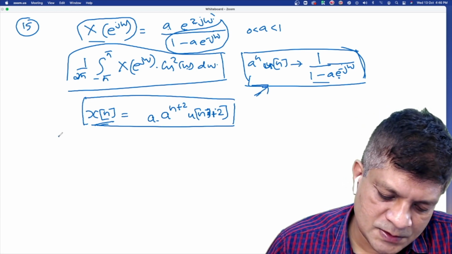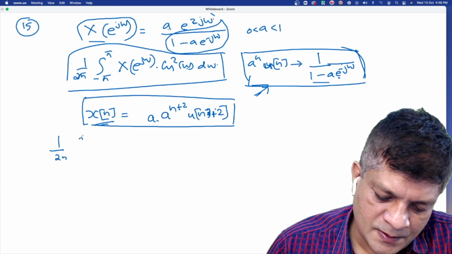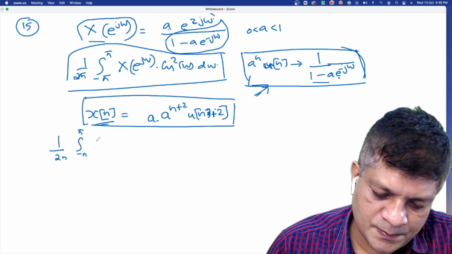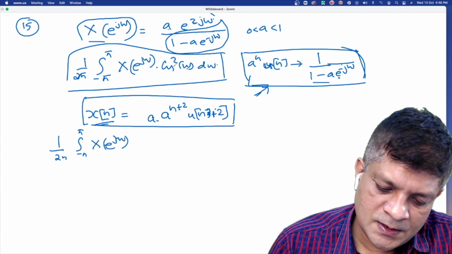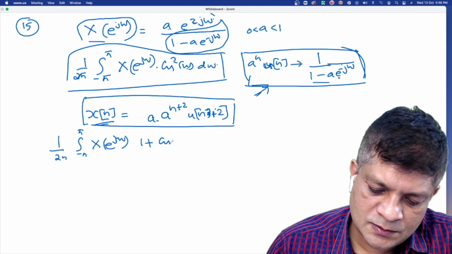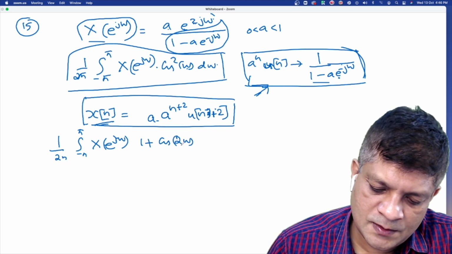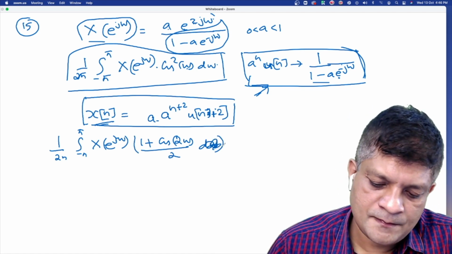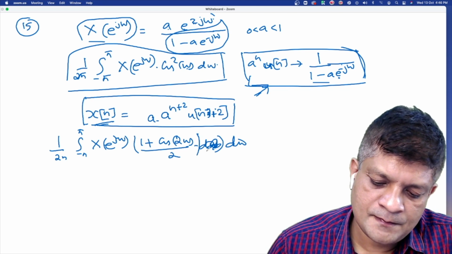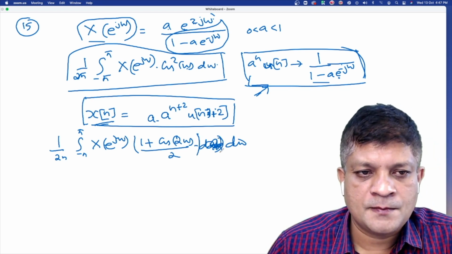Now what about this integral, 1 upon 2 pi integral from minus pi to pi of X of e to the power j omega? I am writing it as 1 plus cos 2 omega, isn't it?